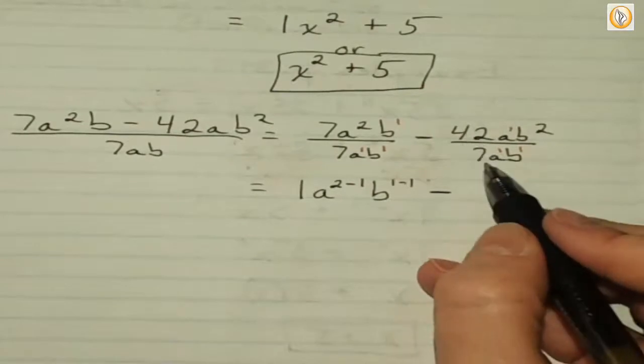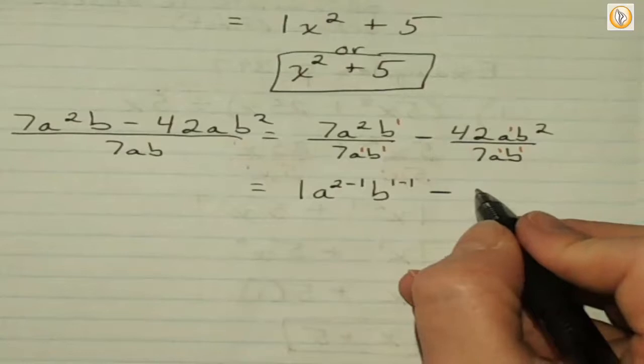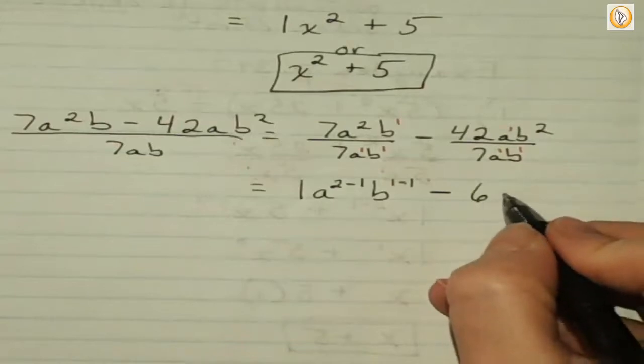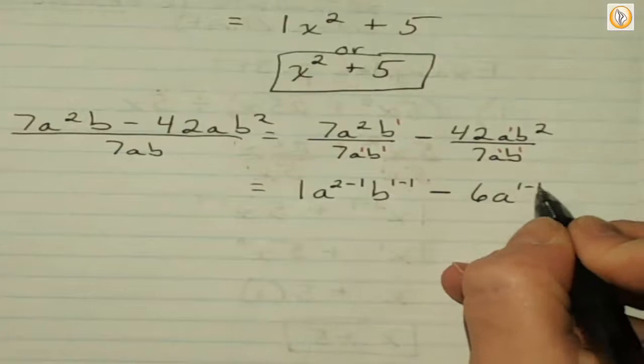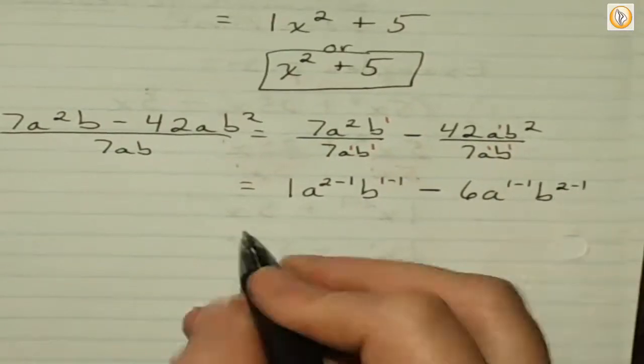Okay, so 42 divided by 7 is 6, so minus 6, and then we have a, 1 minus 1, and then b, 2 minus 1. Okay.